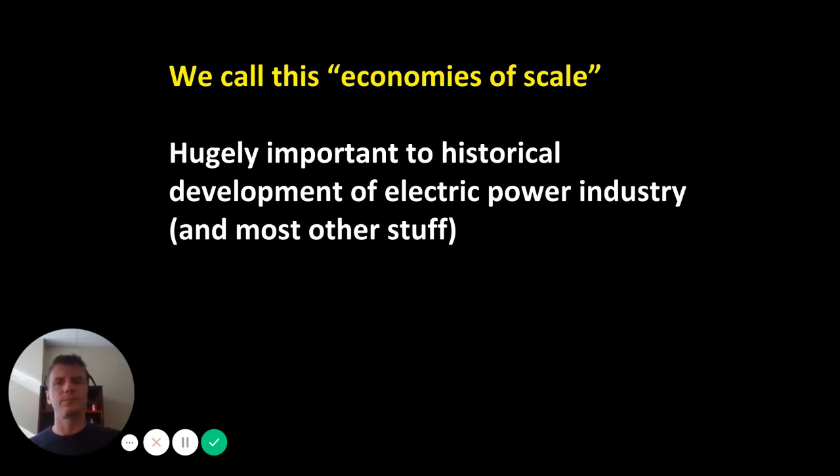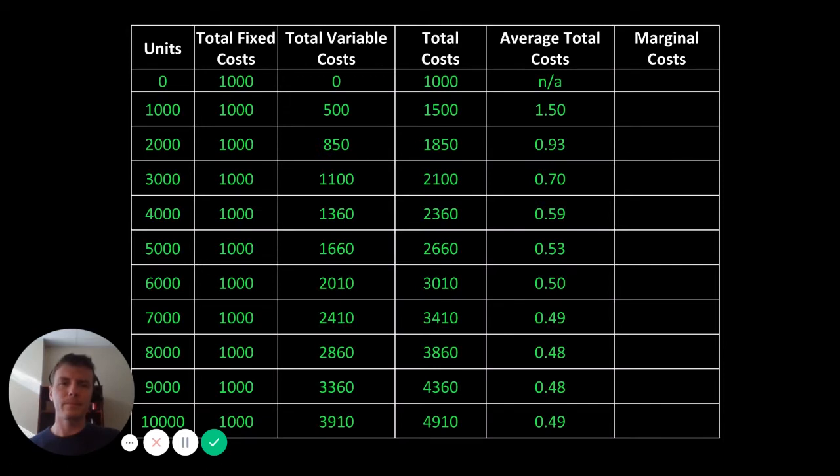Embedded in the average cost of each unit produced is a smaller and smaller piece of that fixed cost. That drives the average cost down. This is hugely important to the historical development of the electric power industry and most other stuff. And we'll talk more about this over the next couple of weeks.